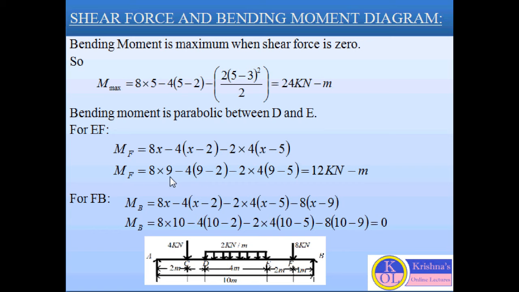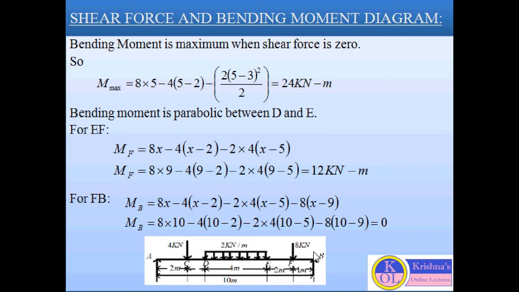So if we put the value of x here, we will get the bending moment at point F, that is 12 kilonewton meter. Now for FB, we have the bending moment at point F, 12 kilonewton meter. Now at point B, if we consider the position of x somewhere in between F and B, the equation will be 8x minus 4(x minus 2) minus 2 into 4(x minus 5) minus 8(x minus 9).